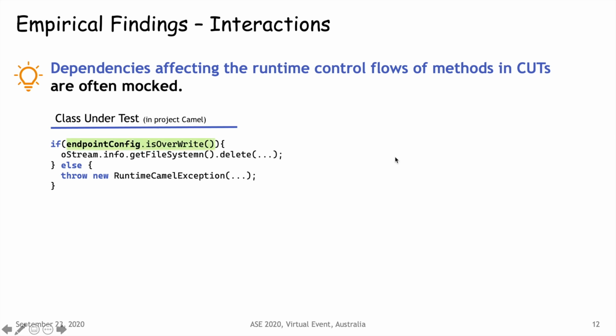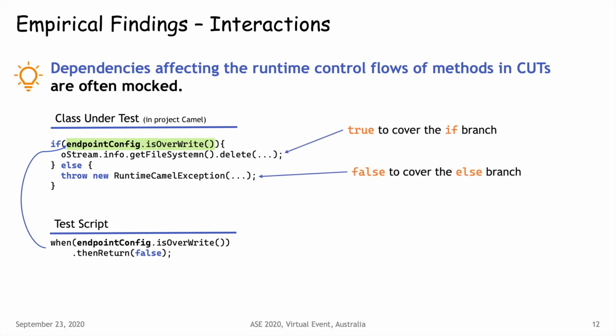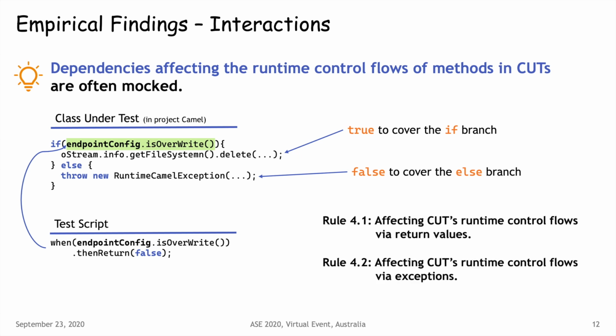Here, the method return value of endpoint config is used as a branch condition. Developers mocked the endpoint config. By stubbing different return values, they can cover the two branches of the if statement. Besides, we also found developers stub an exception to test exception handlers.